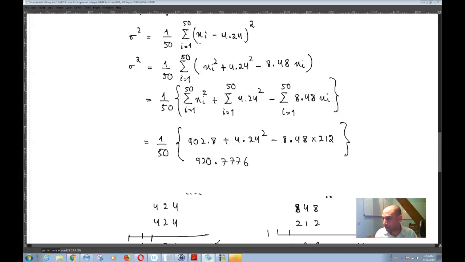902.8 plus 4.24 squared equal to 920. And that's not supposed to be a negative number. Take a look at the solution. It's x sub I squared minus 8.48 times x sub I plus 1797.